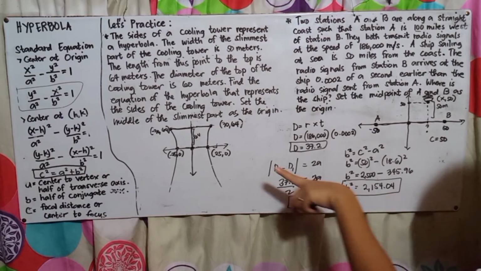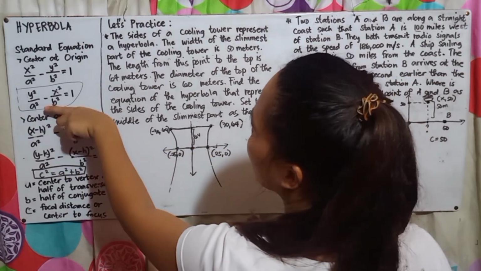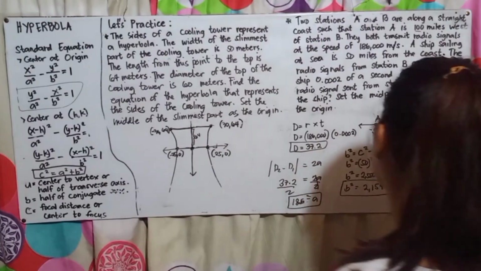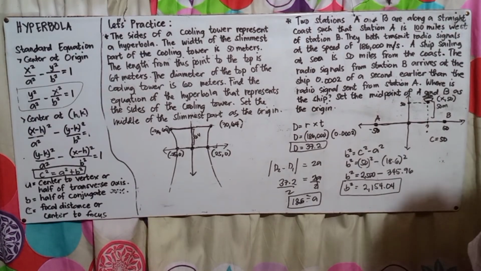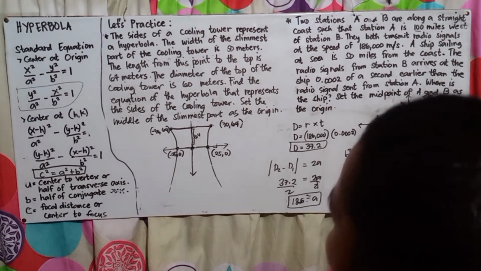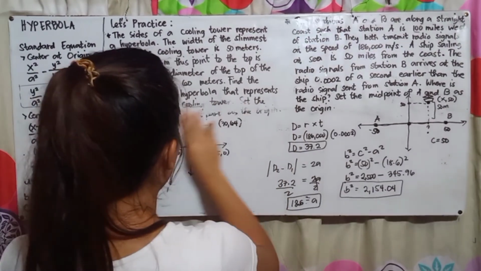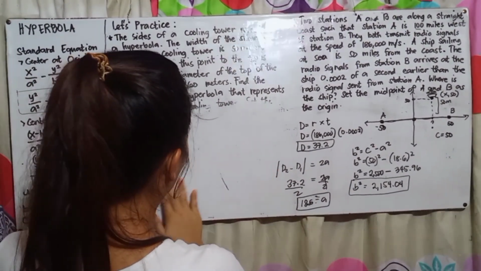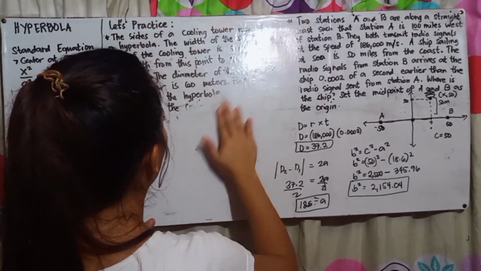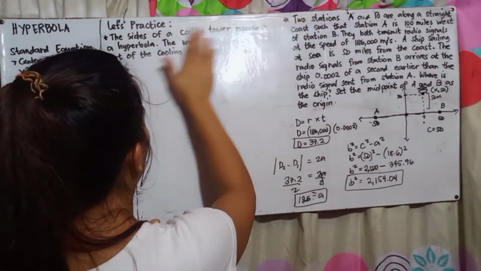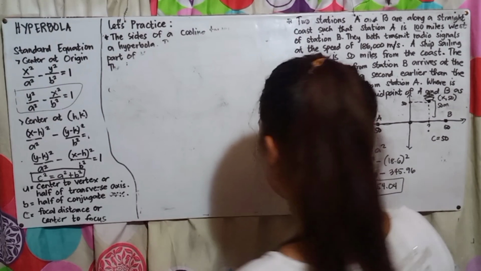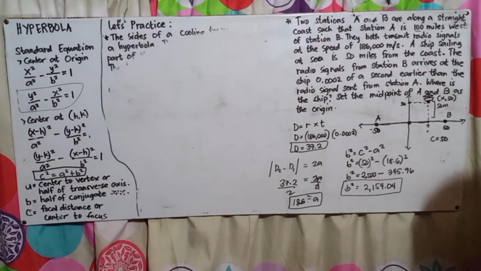Since our equation has b squared. Okay, so next, let's erase this. Since the question is, where is the ship?